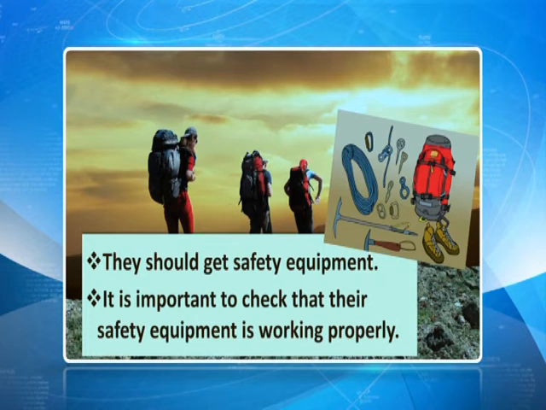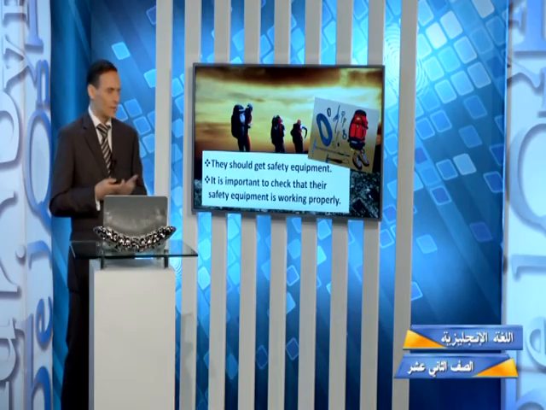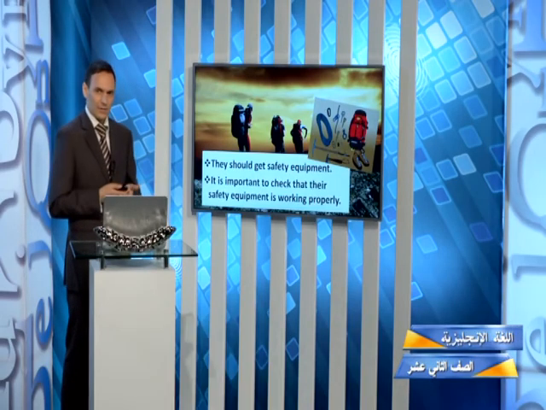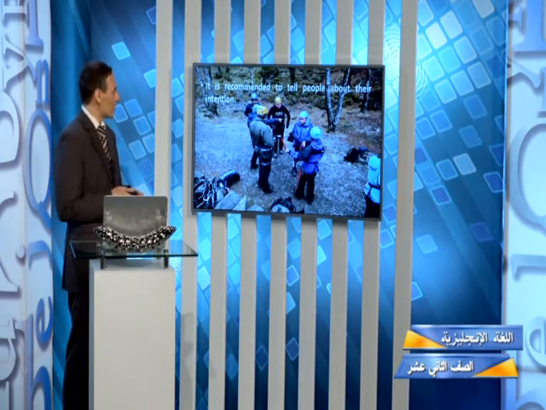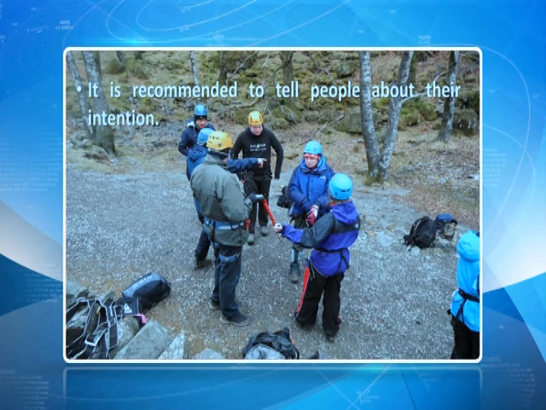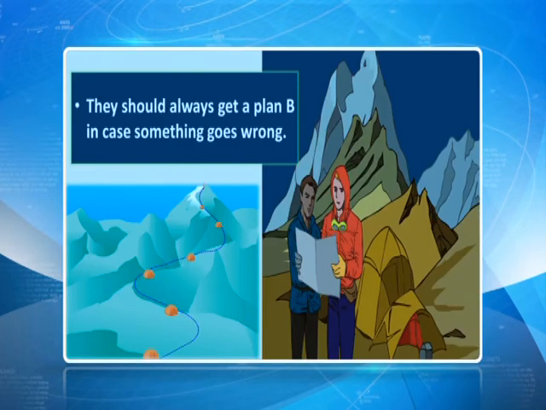It is not only necessary that you get safety equipment, it is also important to check that this safety equipment is working properly. Okay? So it is also recommended to tell people about their intention, about your whereabouts. Okay? They should always have a plan B in case something goes wrong.